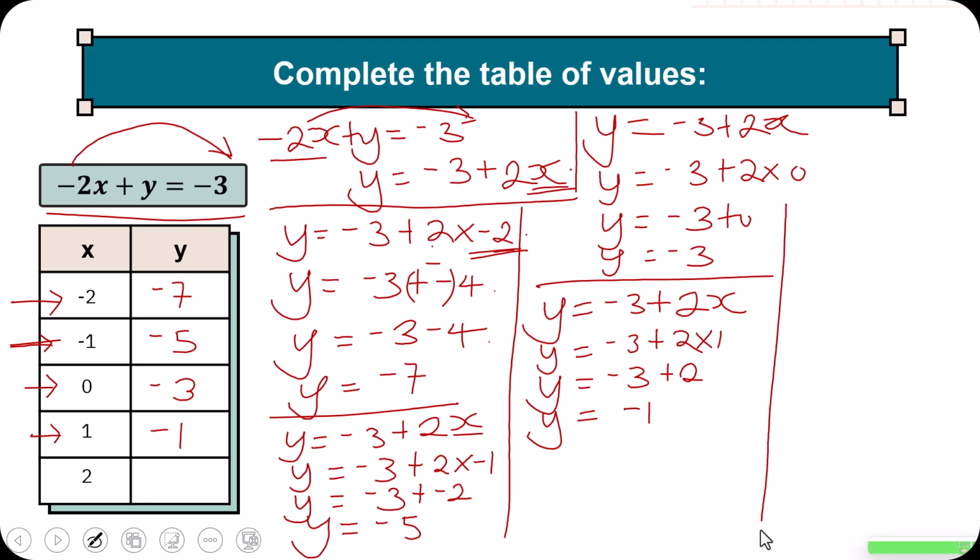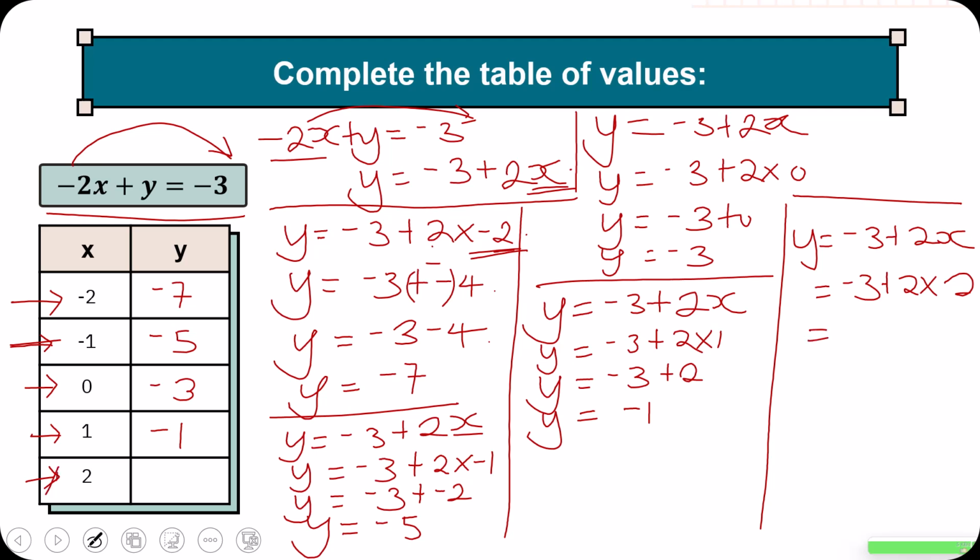We go to the next x value, which is the last one, that is 2. We shall say our y is still equal to negative 3 plus 2x, and we shall say negative 3 plus 2 times 2, because our x is 2.